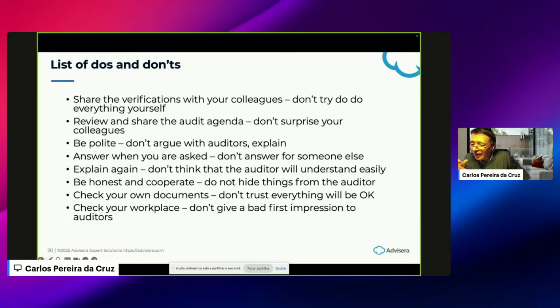Question from Senegal: if we get major non-conformities in a certification audit, are we disqualified and do we have to redo the entire process all over again? No. If you have a major non-conformity, you need to correct it.